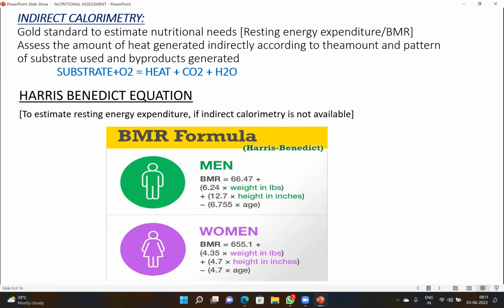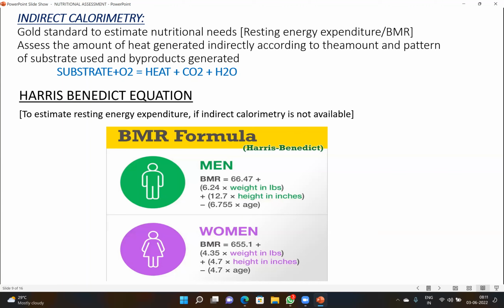This formula is a little bit complicated. In female, basal metabolic rate is 655 plus 4.35 into weight in pounds plus 4.7 into height minus 4.7 into age.